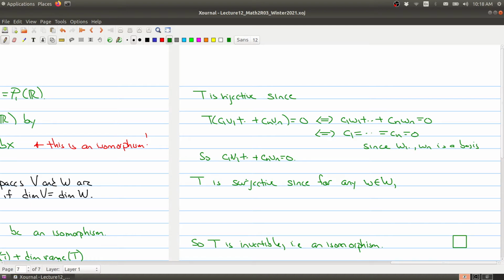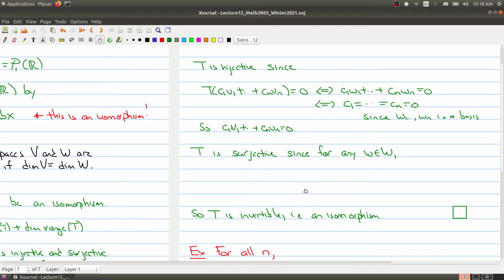Another way to see it is that we're really just checking that the null space contains only the 0 element. And why is the map surjective? Well, for any w in W, w can be expressed as A1 times W1 up to An times Wn for some Ai in F, because it's a basis.